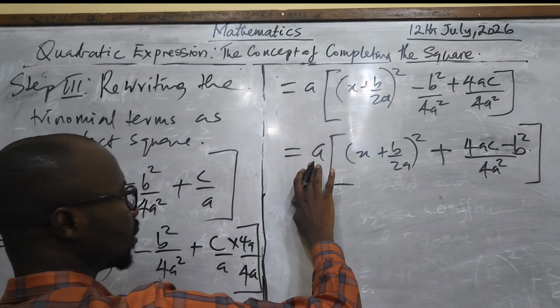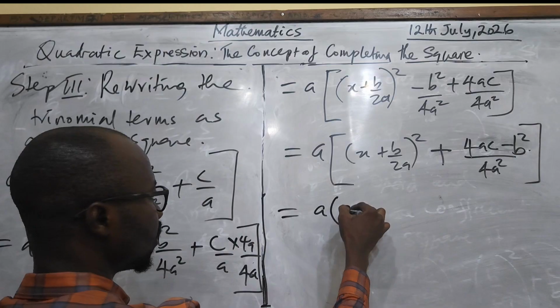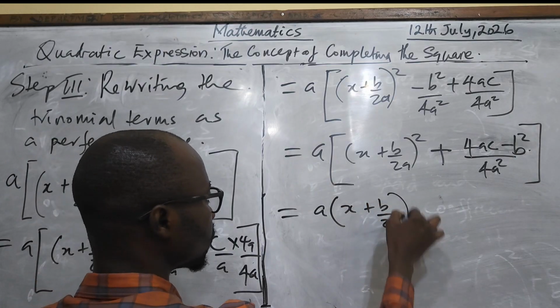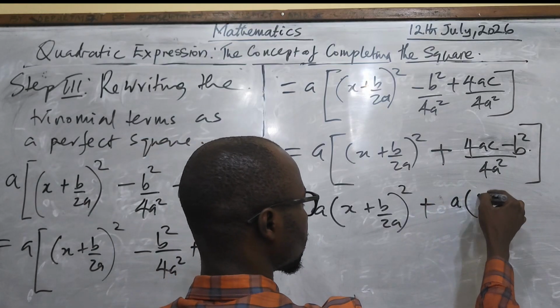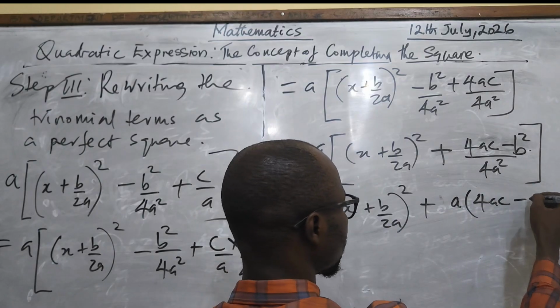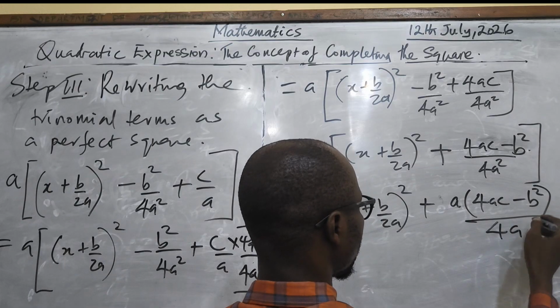And if I open up this bracket, I will have a into x plus b all over 2a all squared plus a multiplying 4ac minus b squared all over 4a.